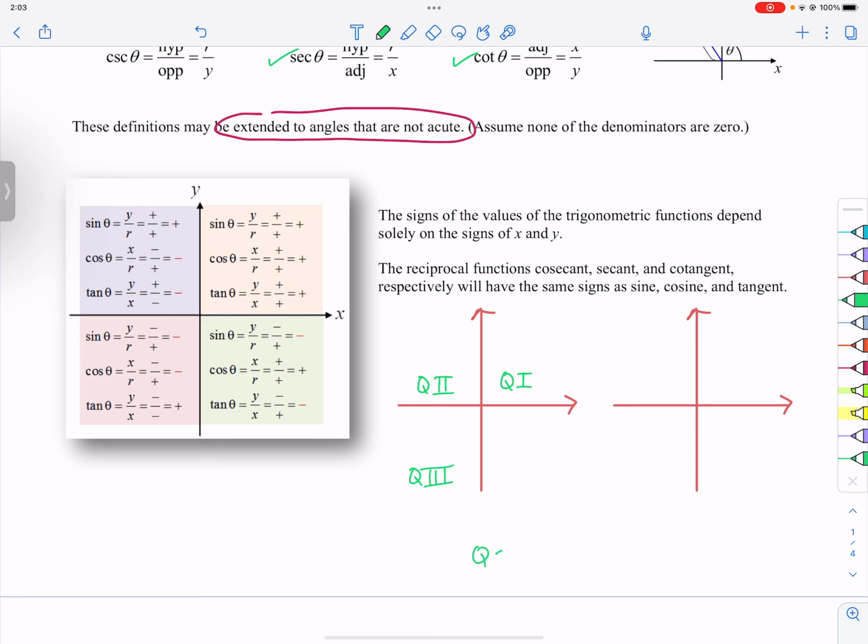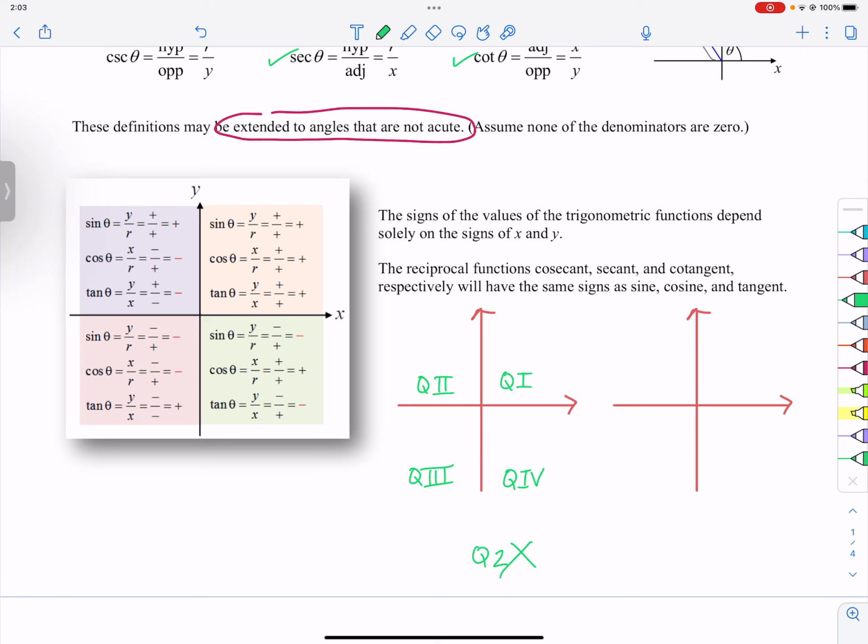You don't want to say quadrant 2, okay? So, and then quadrant 4. So we'll always start here and then go around to count our quadrants, okay?